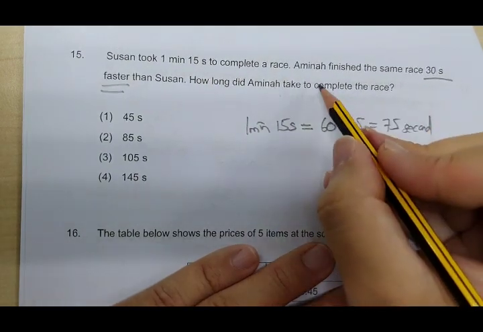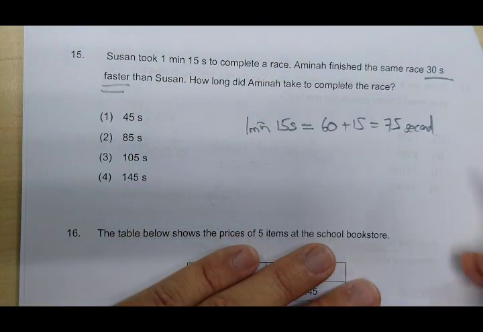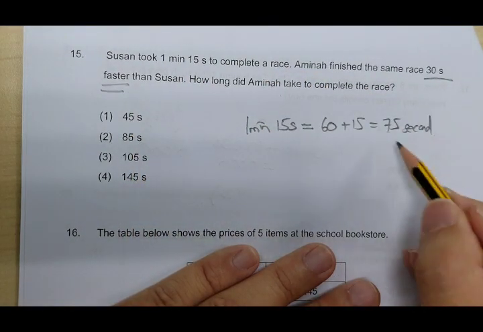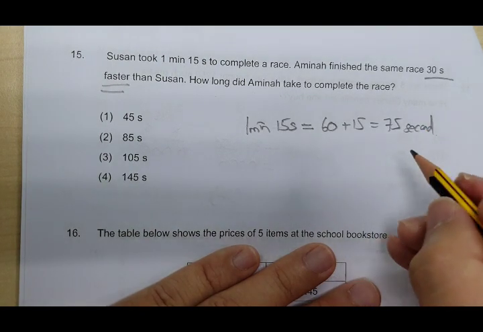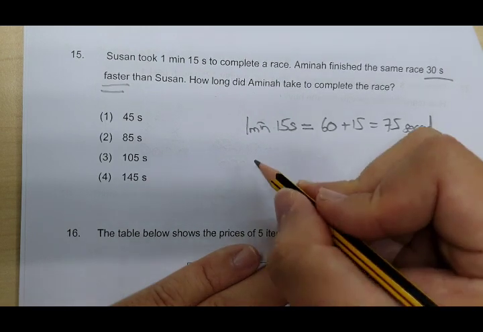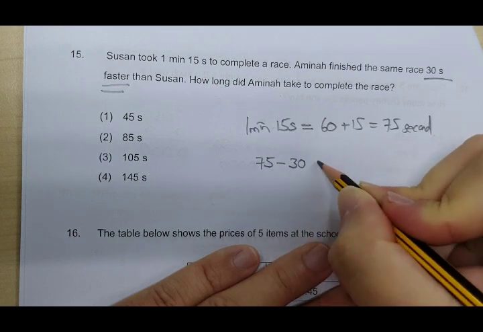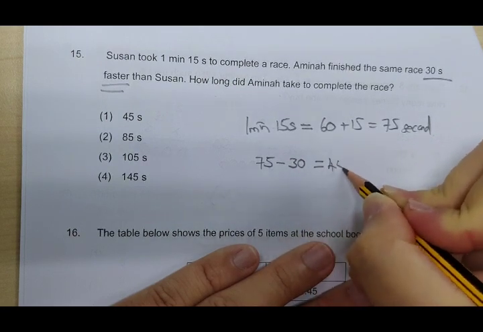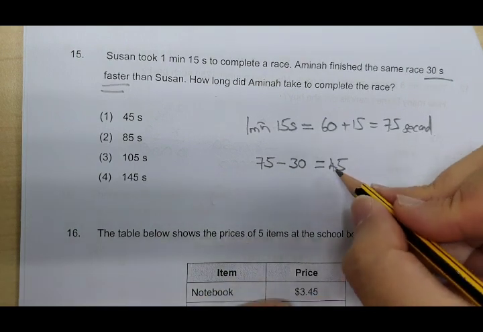Now, when Amina finished 30 seconds faster than Susan, do we add 30 or do we take away 30? Faster, so we have to take away. 75 take away 30 seconds, and we have 45 seconds.